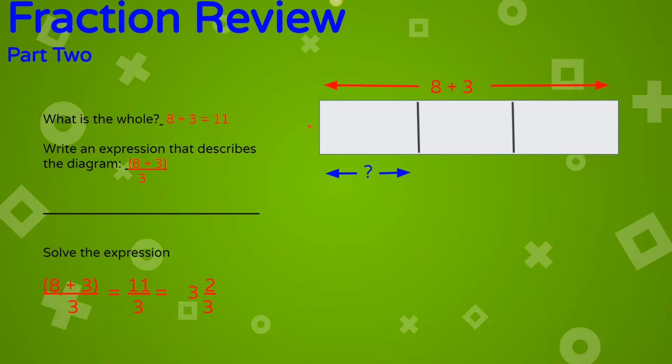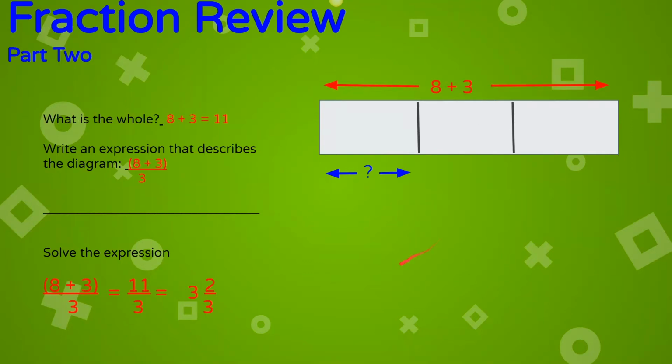All right. Hopefully you could have answered the questions, and your sheet should look something like this. 8 plus 3 is 11. Our whole is equivalent to 11. And then it said write an expression that describes the diagram. It's 8 plus 3, the whole, divided into 3 parts, right? 1, 2, 3.